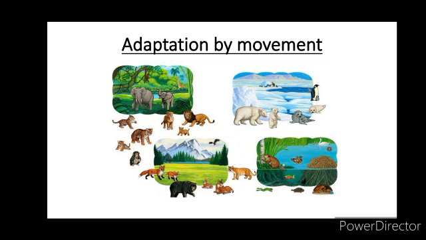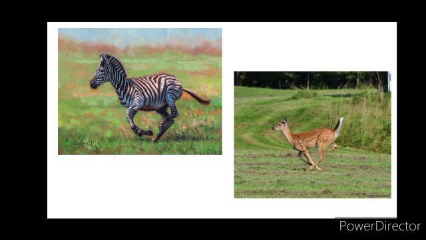Animals are living things, right? All animals need to move from one place to another to find food and to protect themselves. Some animals, such as the deer and zebra, run on hard soil.